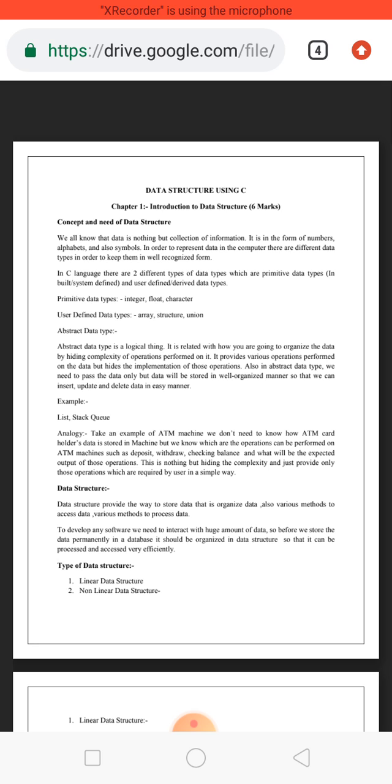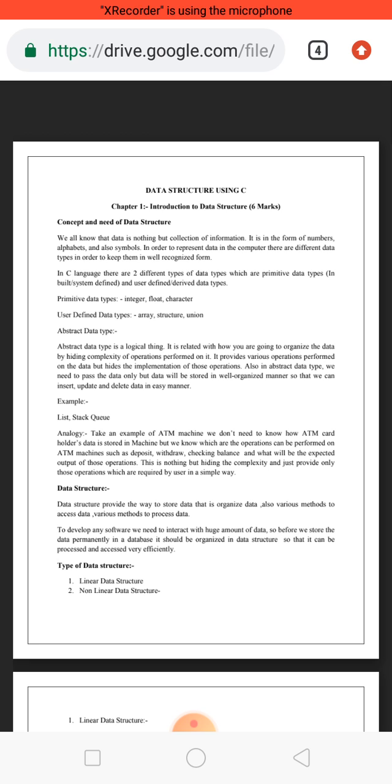We need data to process on it. We need to process on that data and provide output after processing that data. So we know various data types in various programming languages which are used to store that data, like integer, character, float, and other data types also.